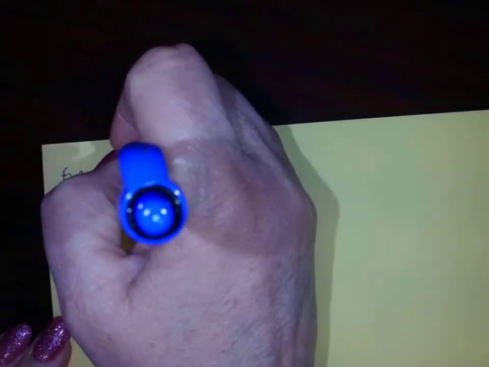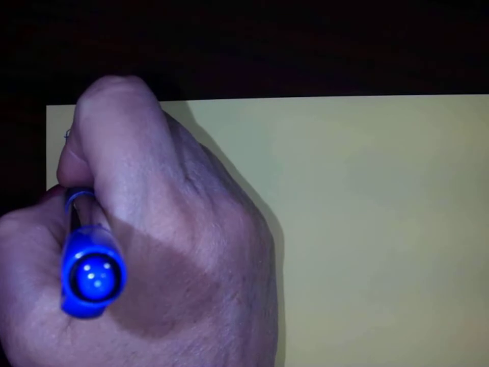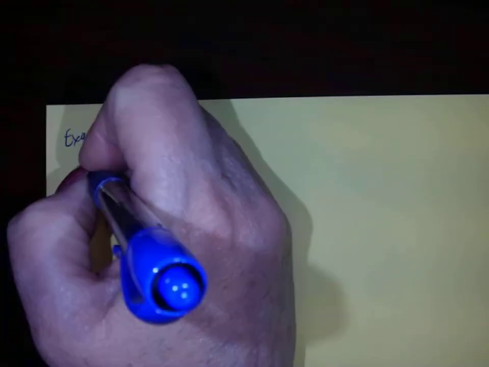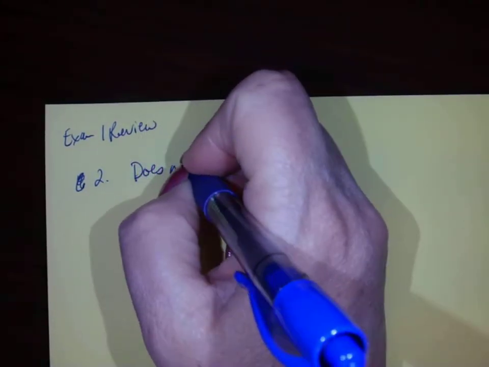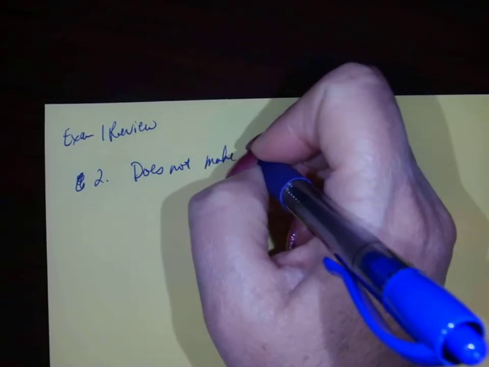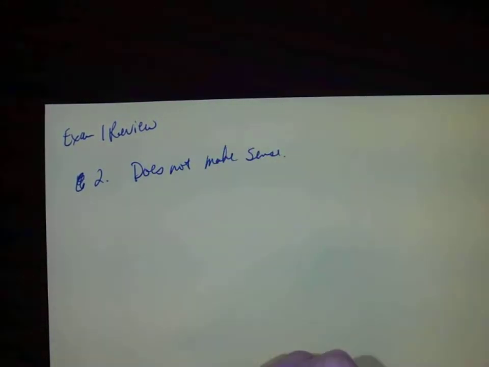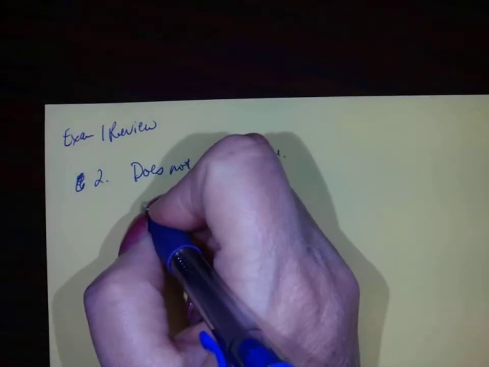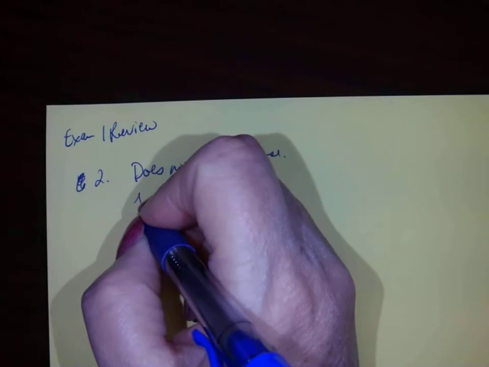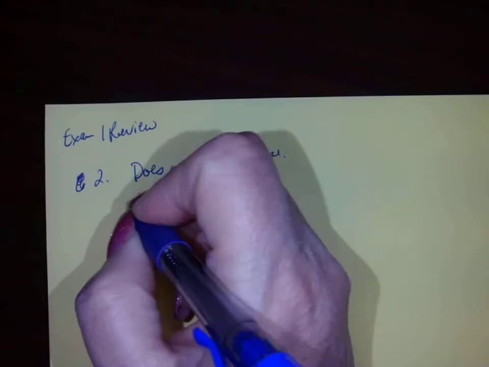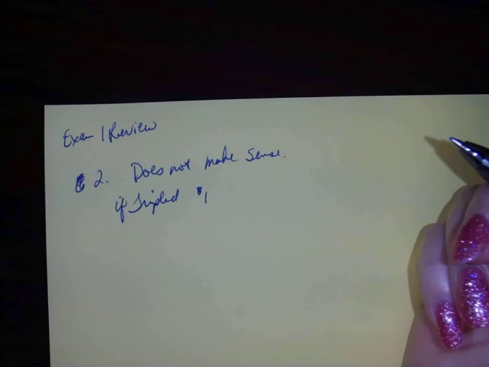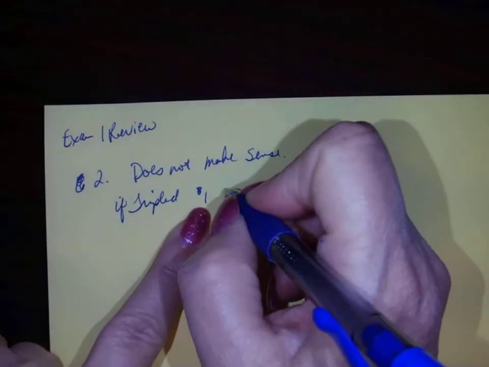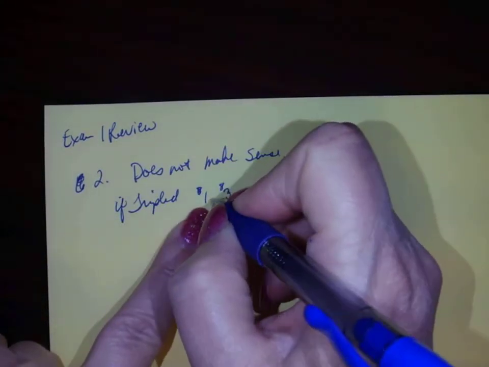Exam 1 review. And we're looking at number 2. So it does not make sense. You might recall this one from the lesson. We talked about that if the price tripled and we had a $1 price, if we multiply that by 3, we would get a $3 price, right?